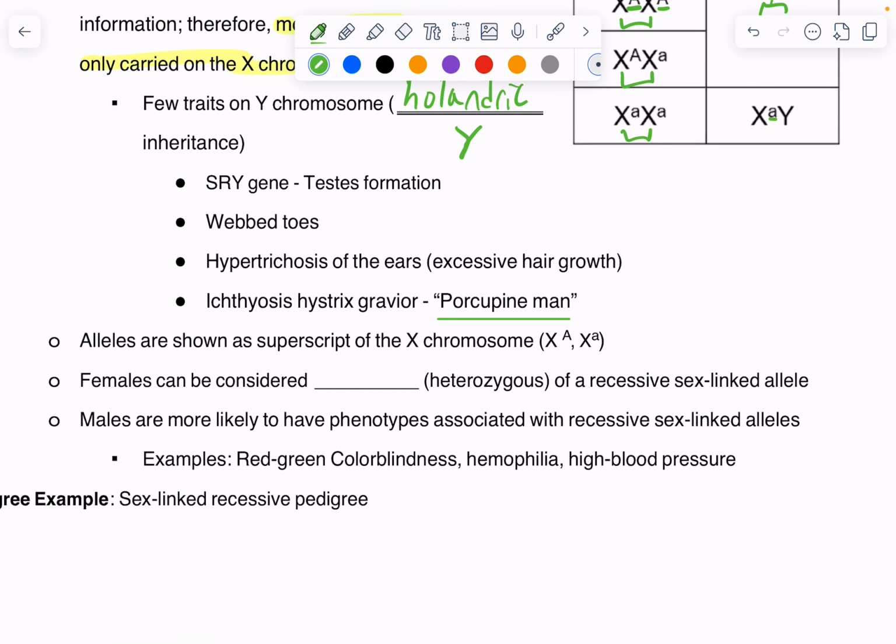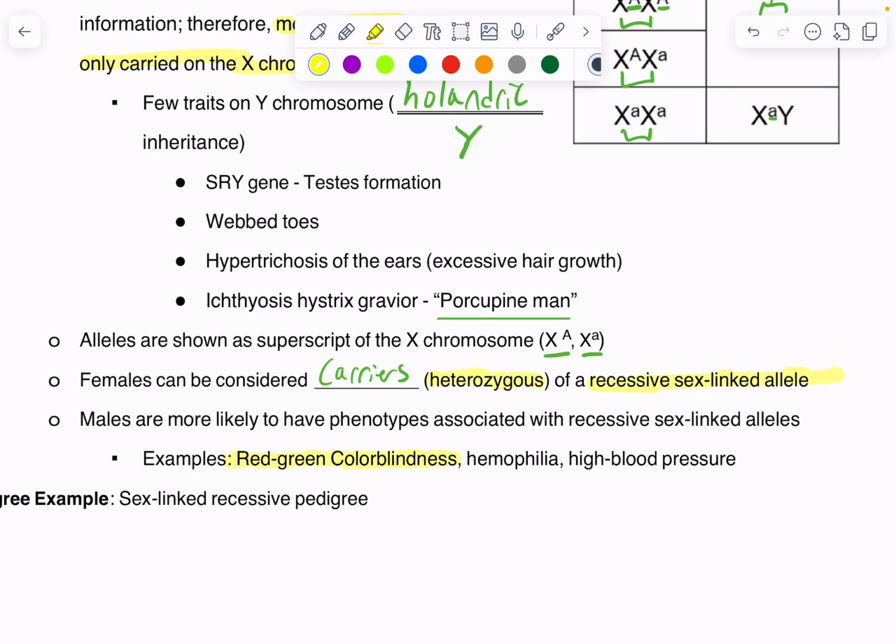And so our alleles for sex-linked traits are shown as a superscript of the X chromosomes, X big A, X little a. Females can be considered carriers, and that's just referring to when females are heterozygous for a recessive sex-linked allele. And so what we'll see is that color blindness, for example, is a recessive sex-linked allele or trait.